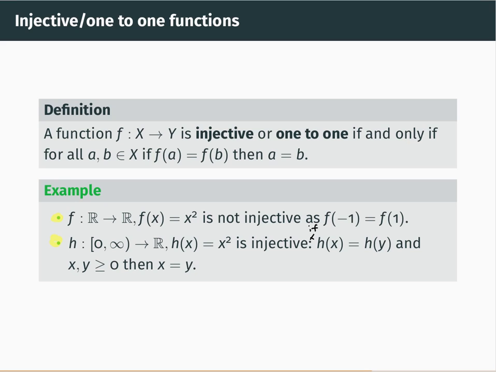So this argument doesn't apply to f because the domain of f contains, for example, 1 and -1, which have the same square, and 2 and -2, which have the same square. But the domain of h does not contain two different numbers with the same square. So h is injective because of that property, whereas f isn't.